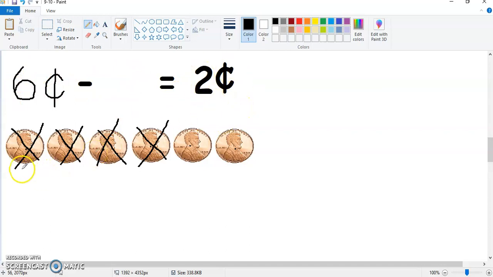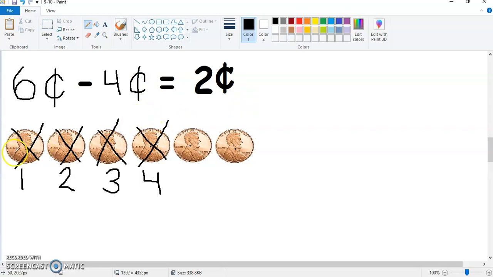Well, let's count. Ready? 1, 2, 3, 4. All right, so we can say 6 cents minus 4. But we have to write the cent sign, a C with a line through it, cents equals 2 cents.